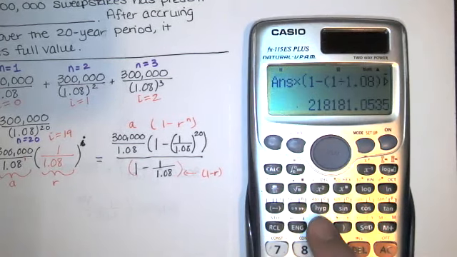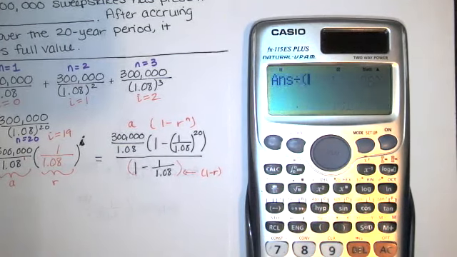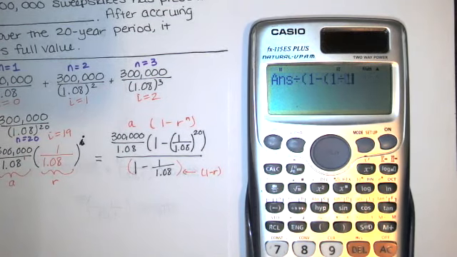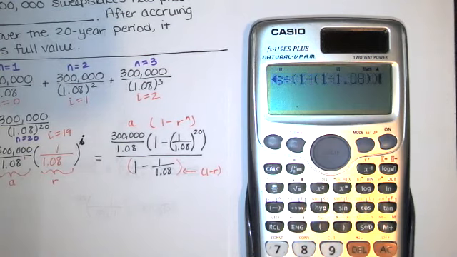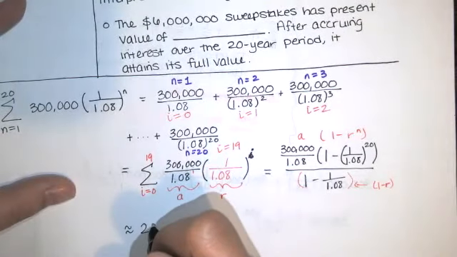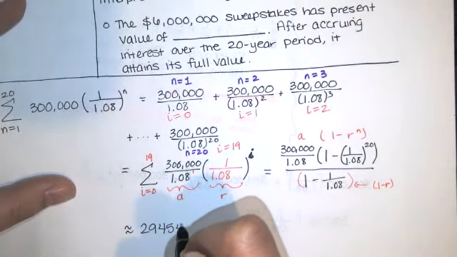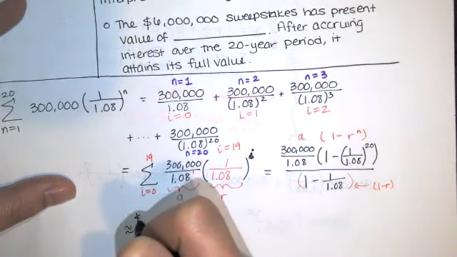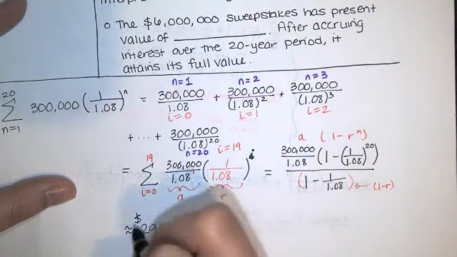And then we're dividing by, open parentheses, 1 minus 1 over 1.08, close parentheses, and you get that number. And that's in dollars.